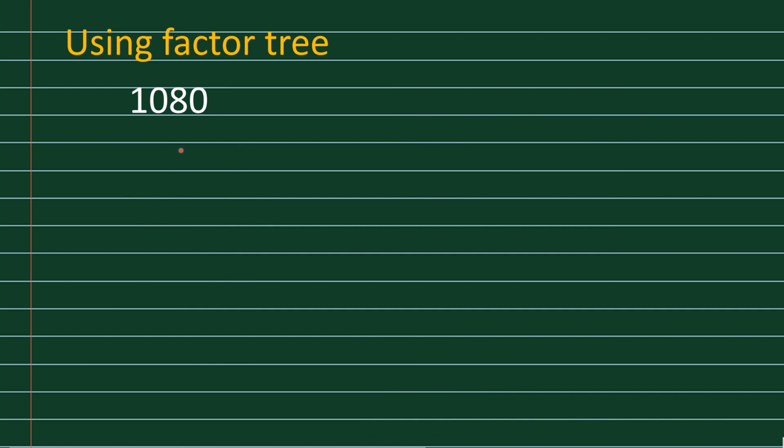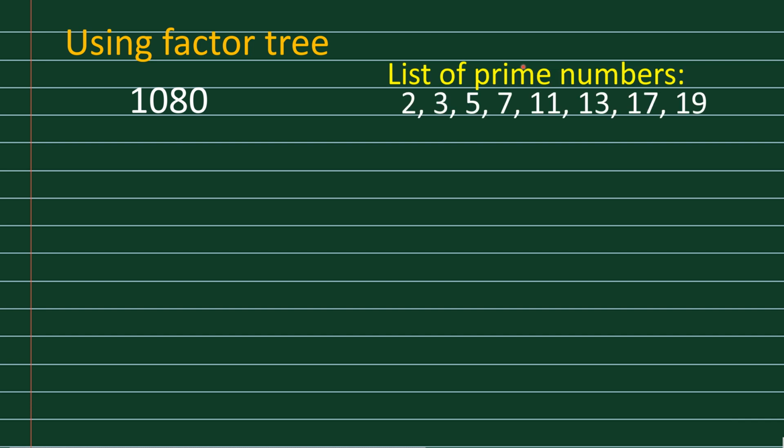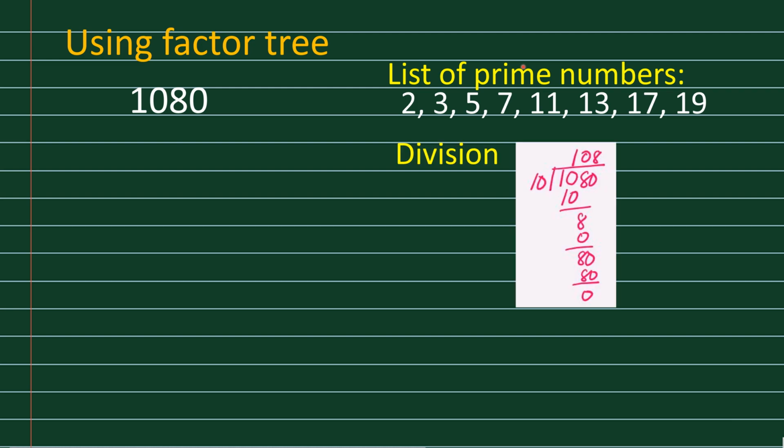Next, let's factor 1080. This one ends with 0, so this is also divisible by 10. Here again is our list of prime numbers. So let's divide 1080 by 10. We get 108.